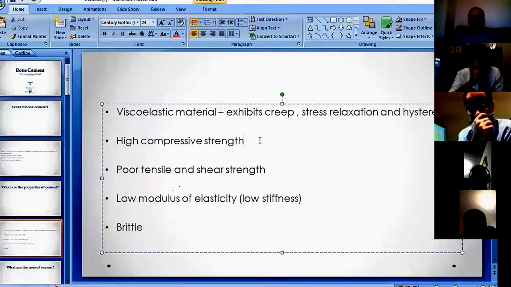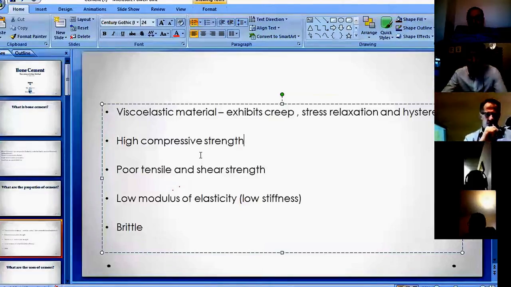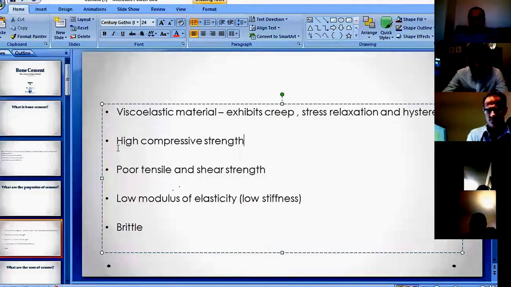In the second component, it's brittle, so it does not deform much, and it breaks straight away. So: viscoelastic material, high compressive strength, low tensile and shear strength, brittle, and low stiffness. These are the main biomechanical properties of cement.